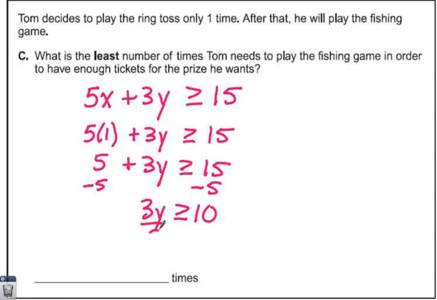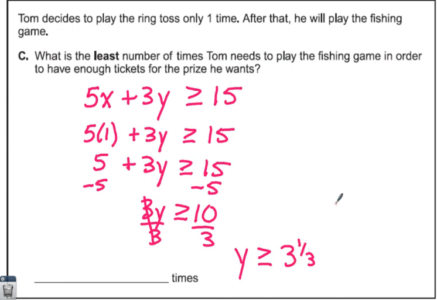And so doing this algebraically here, we end up with y, which is the number of times to play the fishing game, needs to be 10 divided by 3, that's approximately 3.333 or 3 1/3. So the number of times Tom plays the fishing game needs to be greater than or equal to 3 1/3 times.